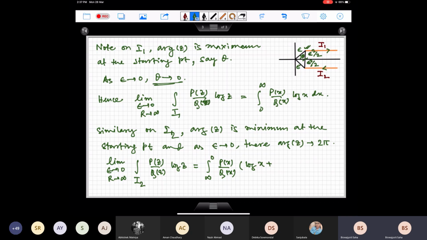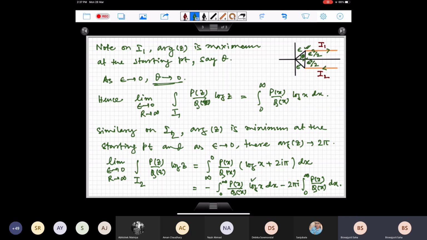So here it's log x plus 2 pi i, because that's the difference in the argument, dx. Once I come a full circle, I have an increment of argument 2 pi i. So this is integral 0 to infinity minus px over qx log x dx. That's the first part. And the second part being minus 2 pi i integral 0 to infinity px by qx dx.